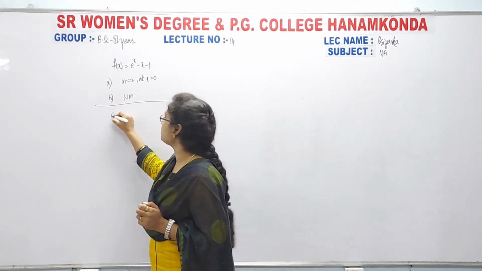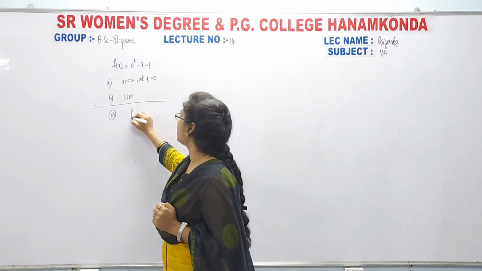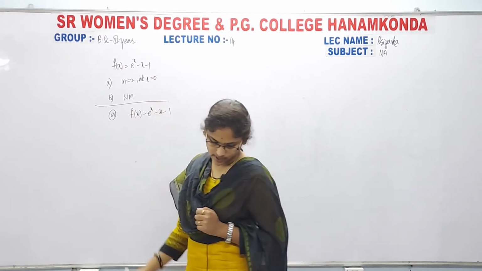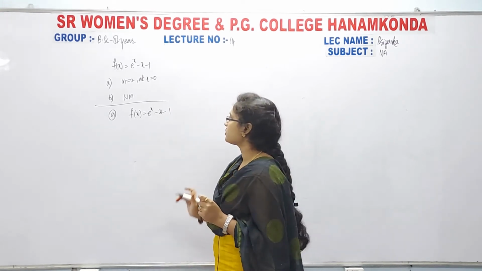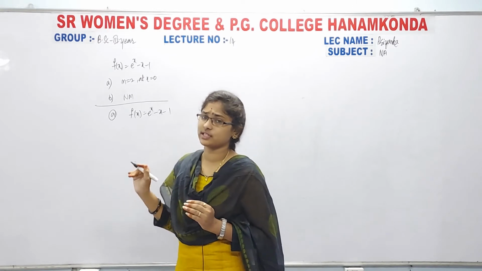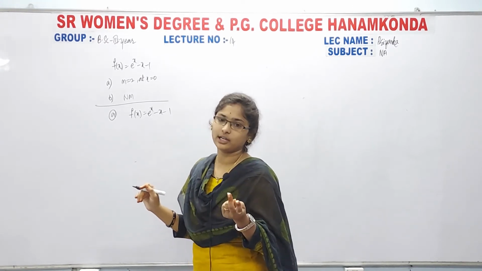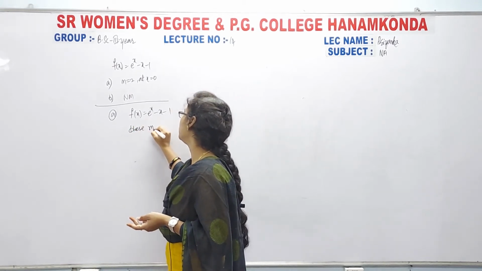Now first of all I am taking a bit. Now write down, given that f of x equal to e power x minus 1. So first of all I have to calculate f dash of x, f double dash of x, because they mentioned quadratically and multiplicity is 2. So here m equal to 2.